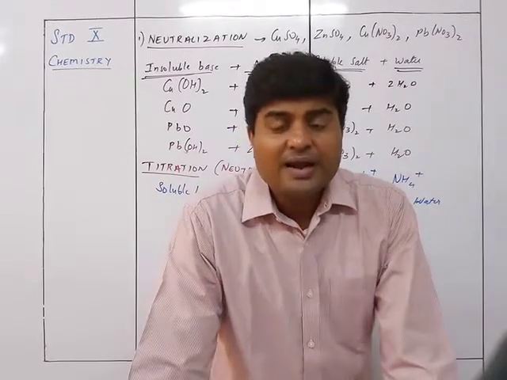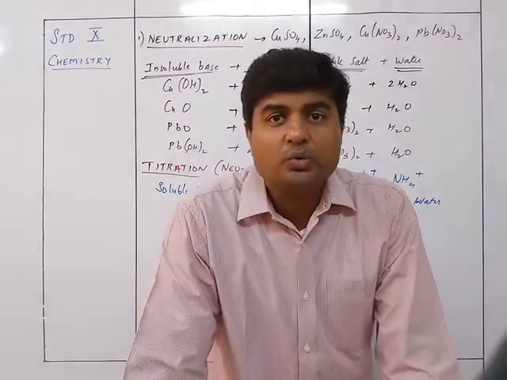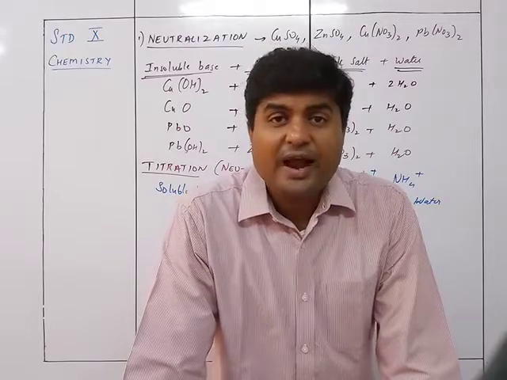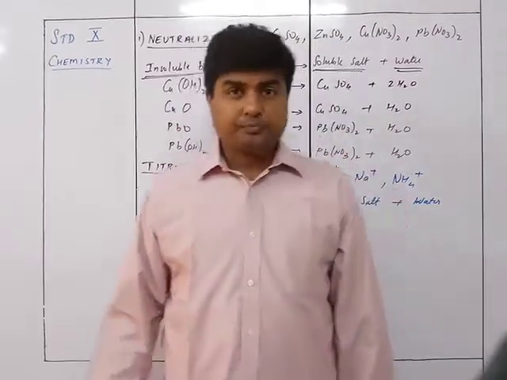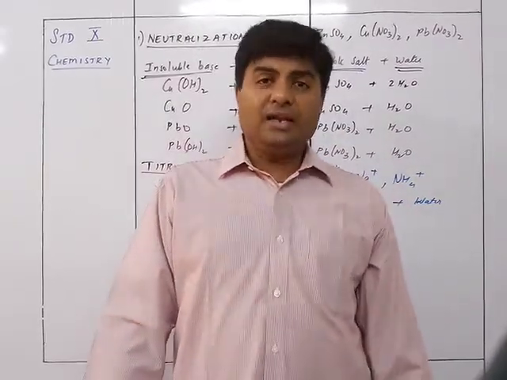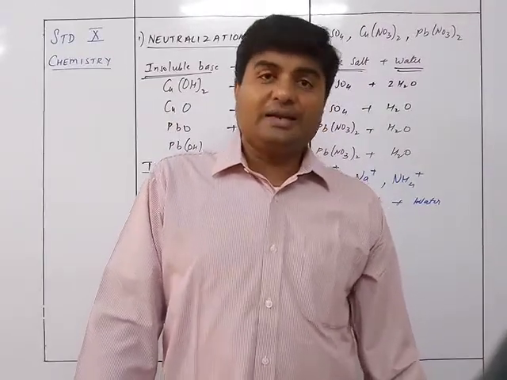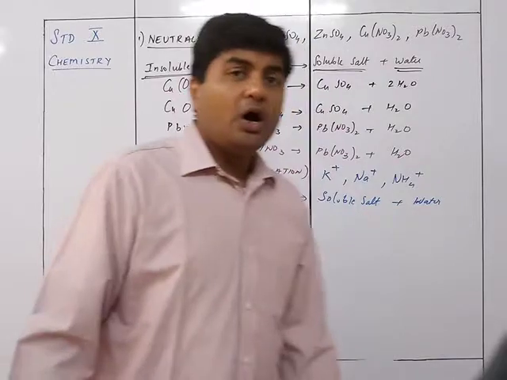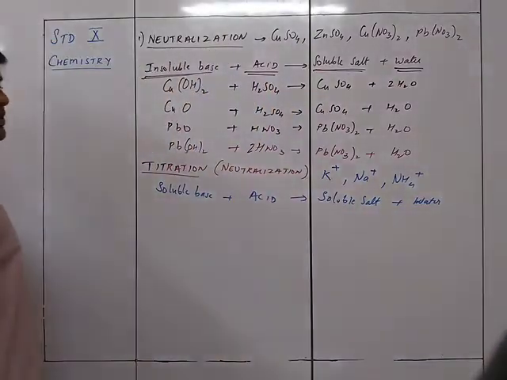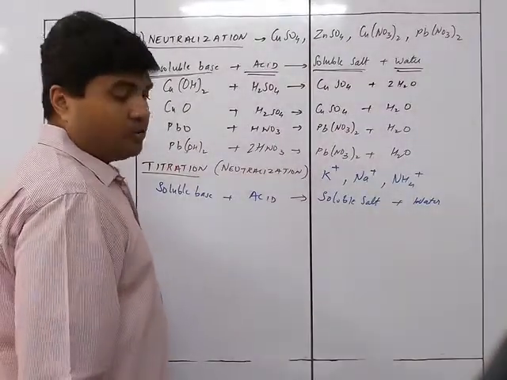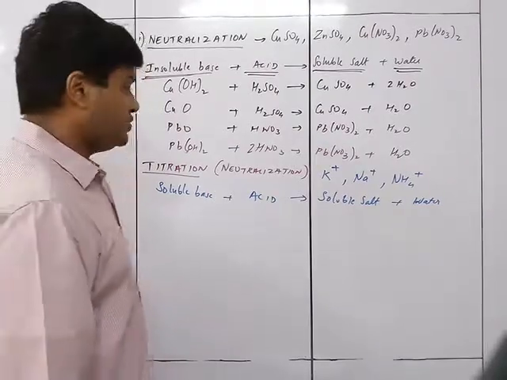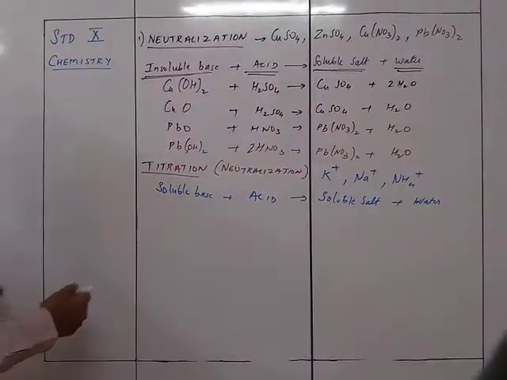Remember this thing, titration can be done only where the hydroxide or oxide is an alkali. Okay, it is a base but also an alkali, that means it's a soluble base. Accordingly, we have only potassium, sodium and ammonium which are possible to be made by this particular process of neutralization.